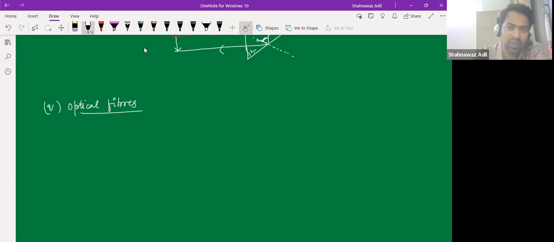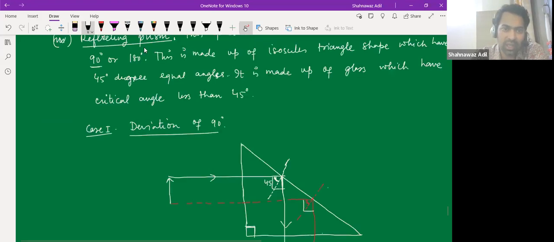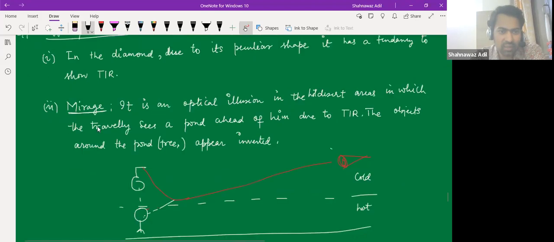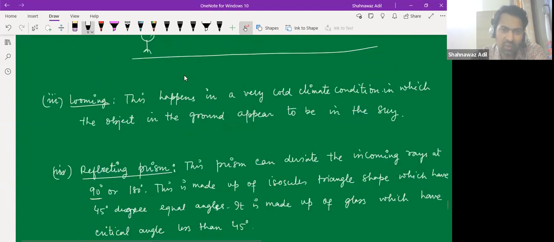So one use we understood is that diamond has the property of TIR. Then we understood about the mirage, the optical illusion in the desert where you find some pond, right? And then the third one is looming, in which in cold climate conditions, ships or objects appear in the sky, right?